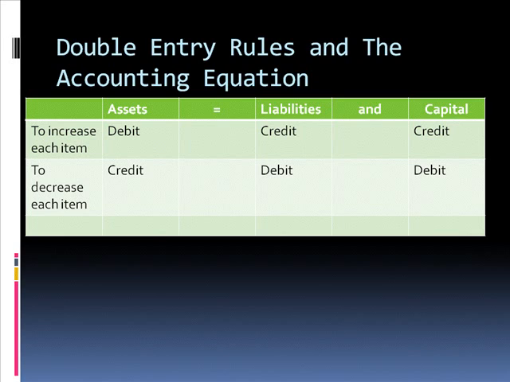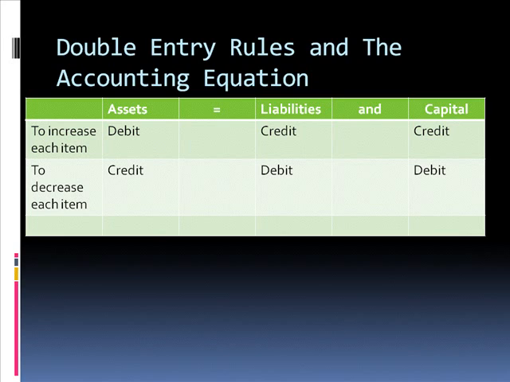To decrease each item, for instance to decrease an asset, you credit. However, to decrease liability and capital, you make a debit entry.